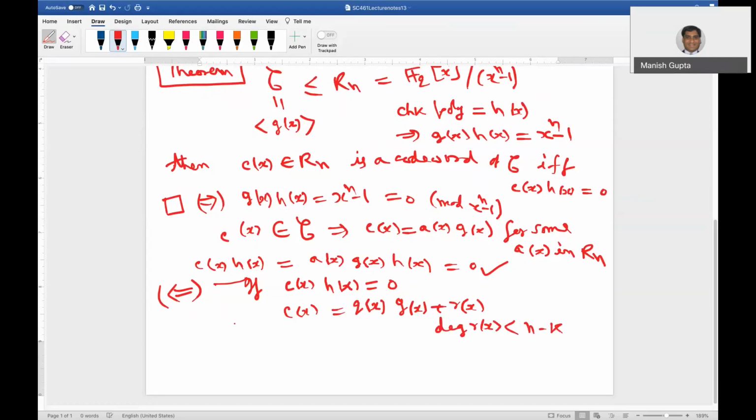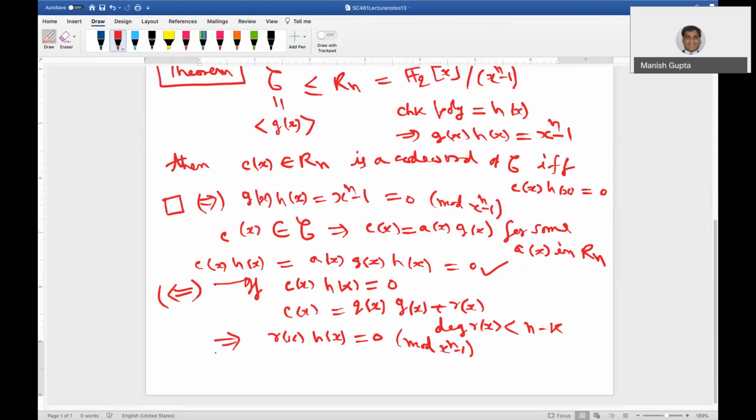Now c(x) into h(x) is 0. Because when we multiply both sides by h(x), c(x) into h(x) is 0 and q(x) into g(x) into h(x) will be 0, we are left with r(x) into h(x) is equal to 0, and this is true mod x raised to power n minus 1.